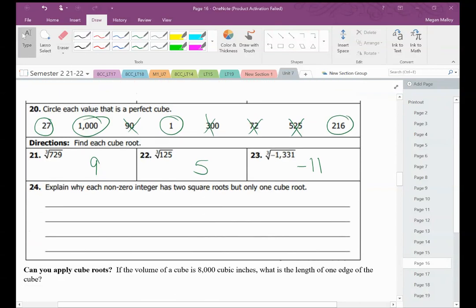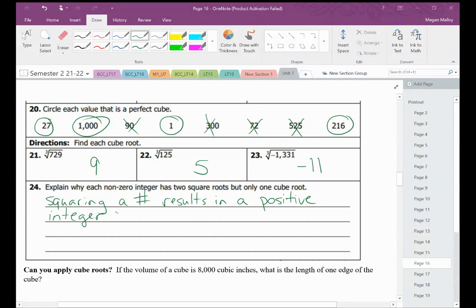Explain why each non-zero integer has 2 square roots but only 1 cube root. You could have written a couple of different things here, but one of the things that we could say is that squaring a number results in a positive integer or positive number.